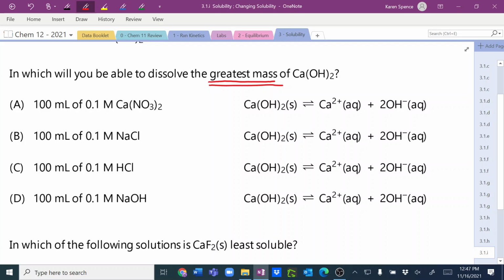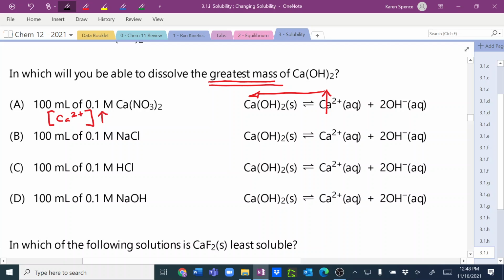So, in our first one, the calcium ion has been increased, yes. So that shifts it to the left, which means that the solubility has been decreased.